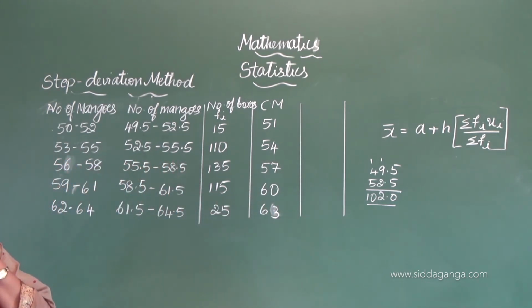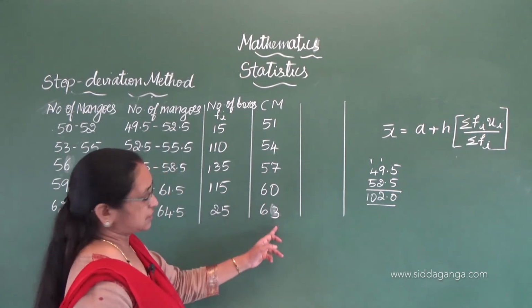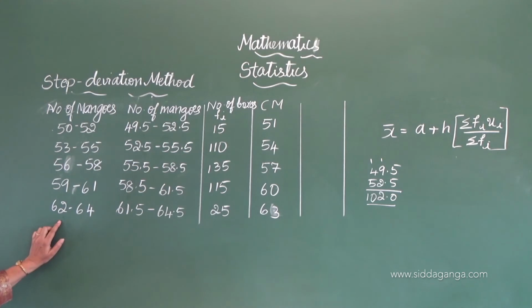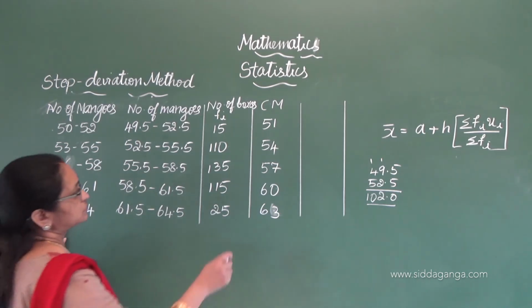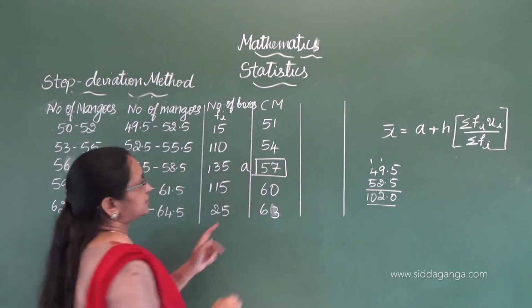So the class marks are 51, 54, 57, 60 and 63. Now you assume which is the A, this is A, the middle one.